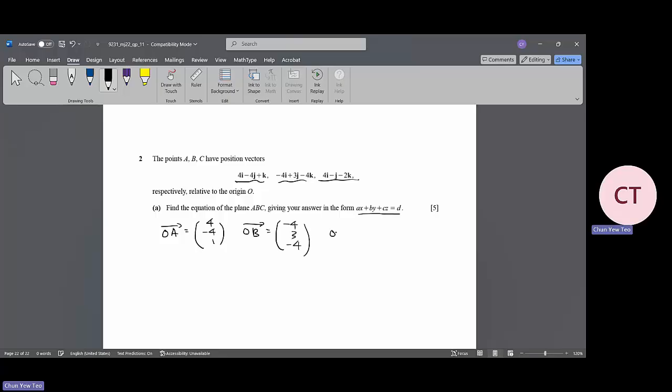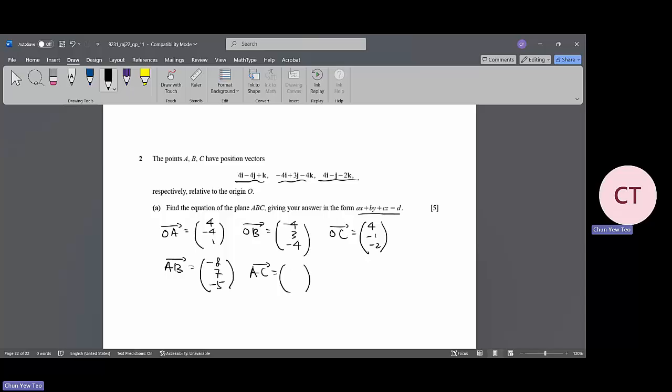Usually I prefer to write them in matrix form. Then in order to find the equation of plane ABC, I need to find AB and AC. For AB, just take B minus A, you get negative 2, 7, negative 5.